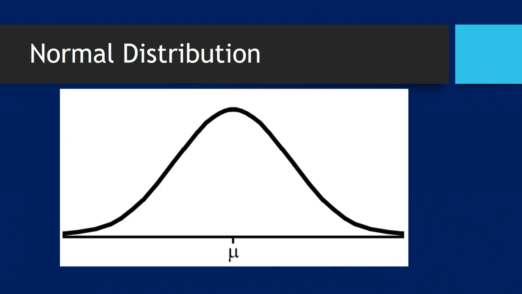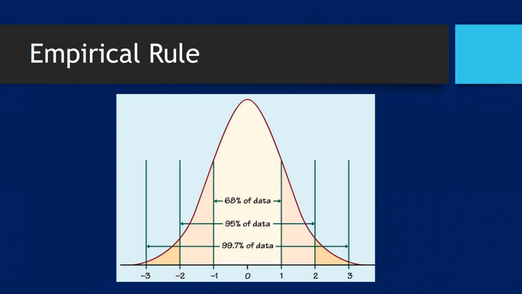And we saw in chapter 2 that the normal distribution is going to, right in the middle of our curve, we're going to find the mean and median and mode. It's going to be there. And we know something a little bit about the empirical rule. We dealt with that in chapter 2.